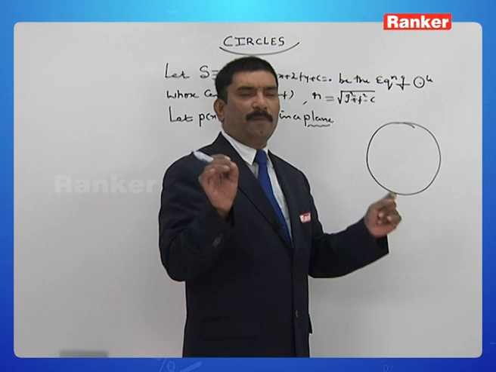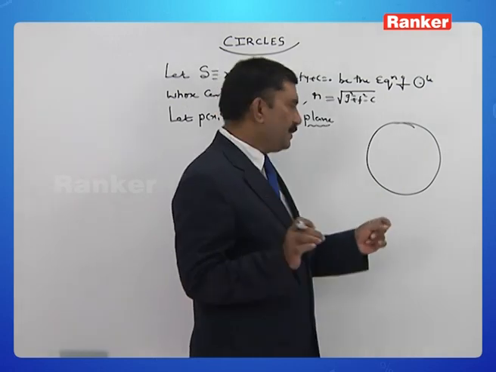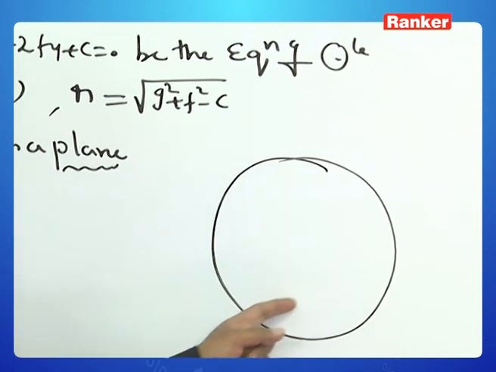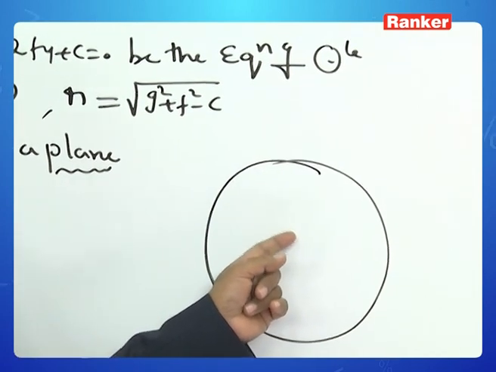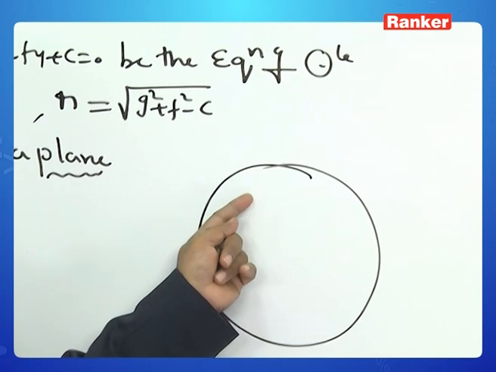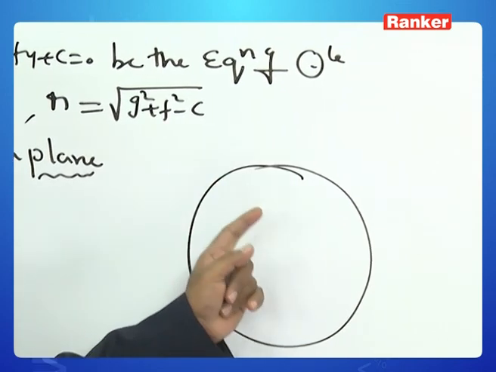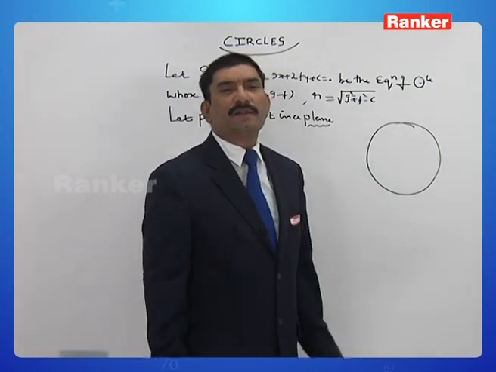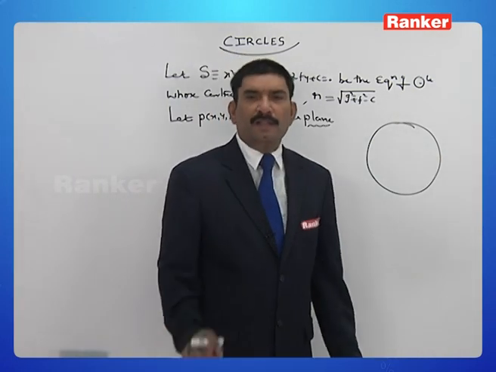Circle is a two-dimensional figure. When the point lies inside, we call this region the interior region. When the point lies on the circle, it is on the circle. When the point lies outside, we call it the exterior region.